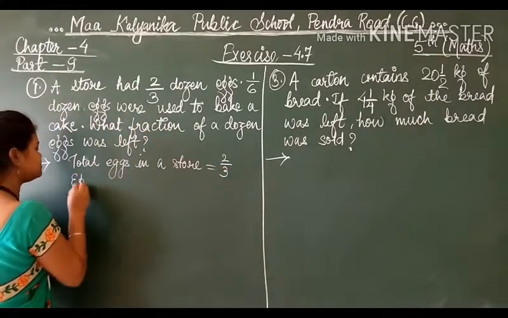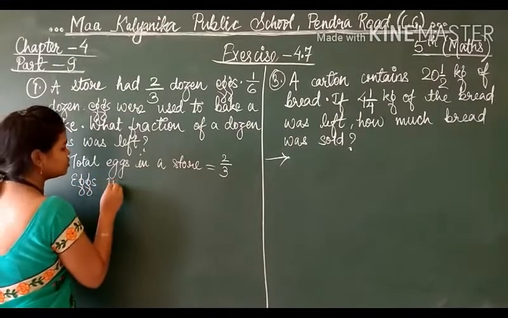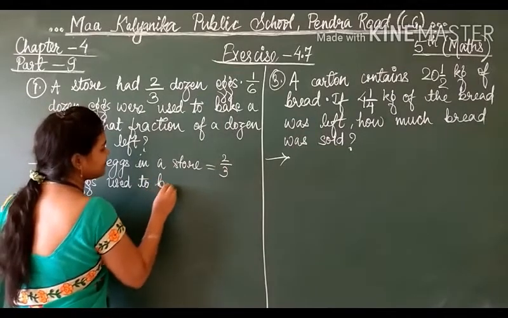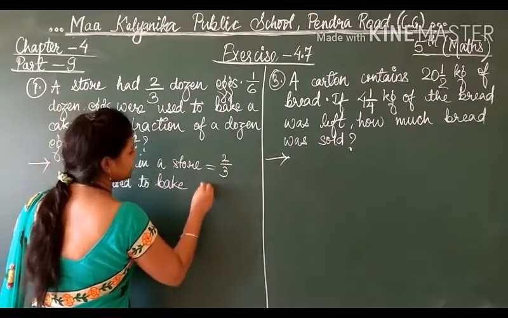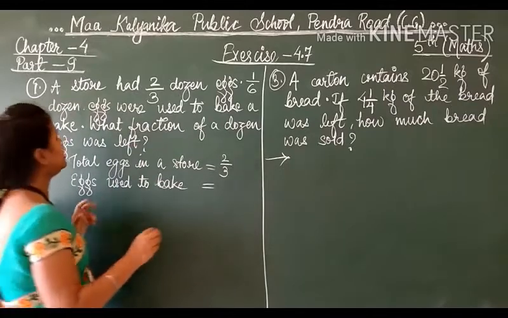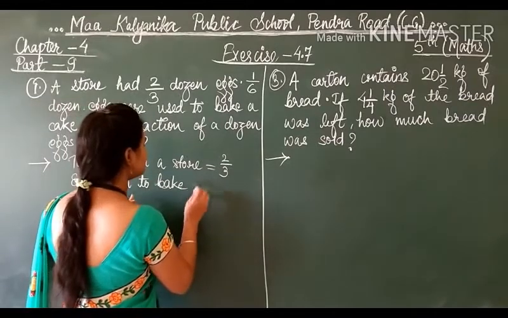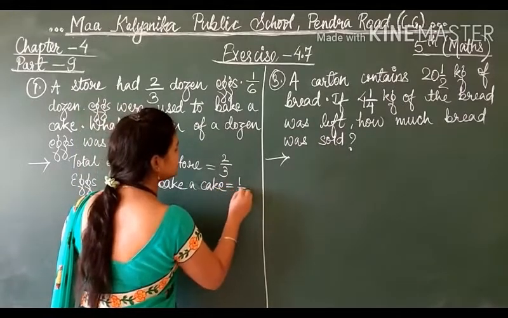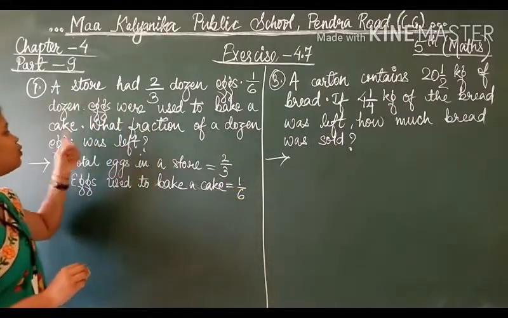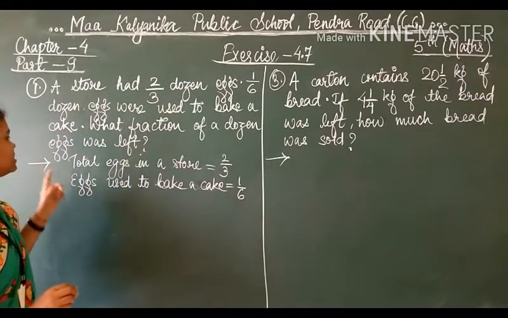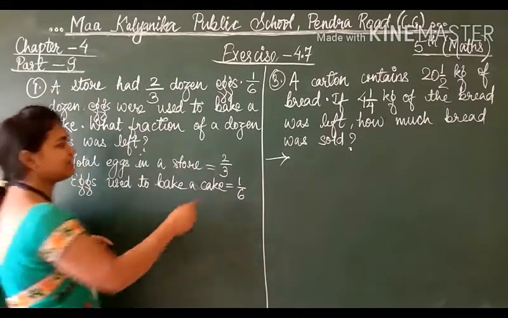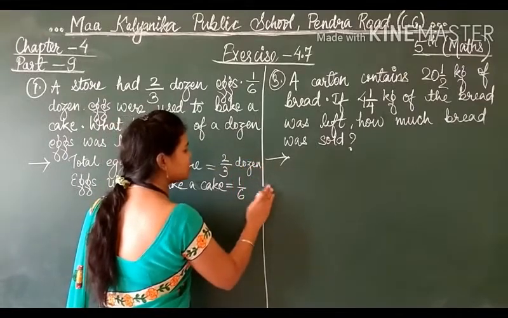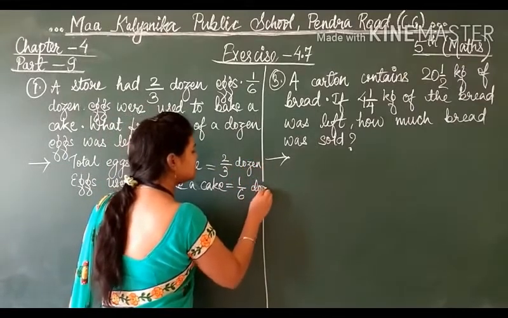So eggs used to bake a cake is given as 1 by 6. Now what fraction of dozen eggs was left? So it is 2 by 3 dozen, and this is 1 by 6 dozen.